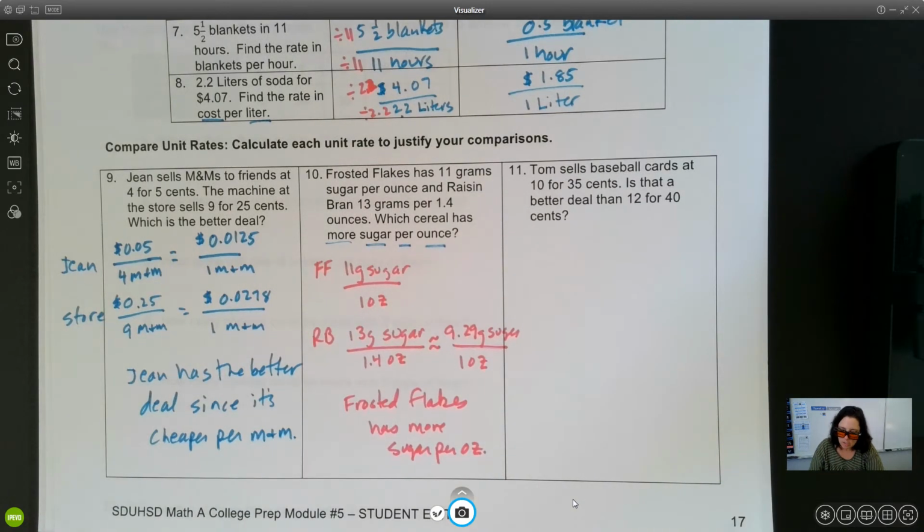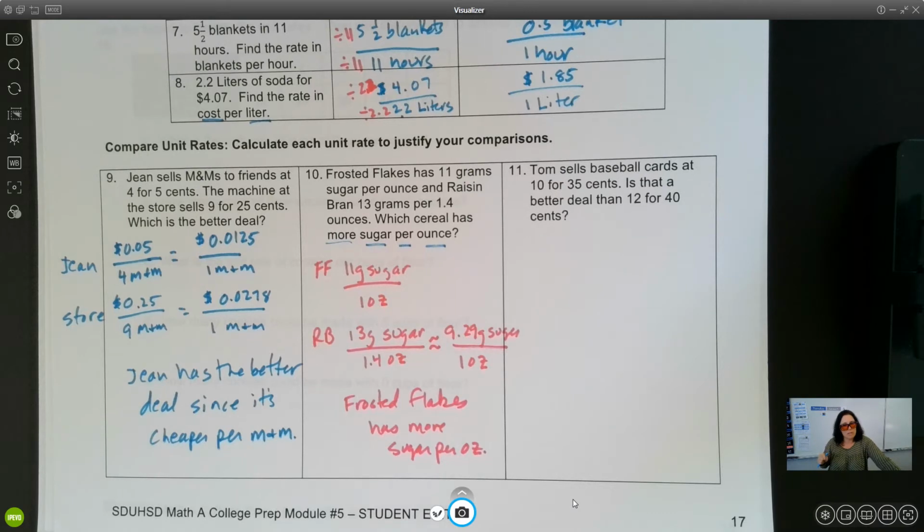Tom sells baseball cards at 10 for 35 cents. Is that a better deal than 12 for 40 cents? So again, it doesn't matter if you do money per card or card per money. But let's talk about the difference. If you do money per card, aren't we looking for the smallest dollar amount to be the better buy? If you do card per money, aren't we looking for the larger amount of cards for that buck to be the better buy?